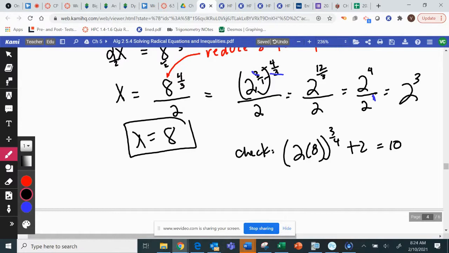You go in order of operations. So 16 to the 3/4 plus 2. So 16 is 2 to the 4th to the 3/4 plus 2, which gives me 2 to the 3rd plus 2, which gives me 8 plus 2. Yes, it checks.